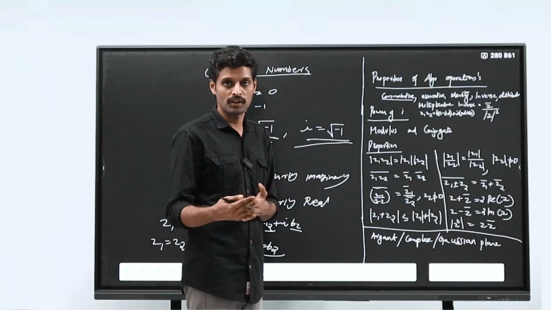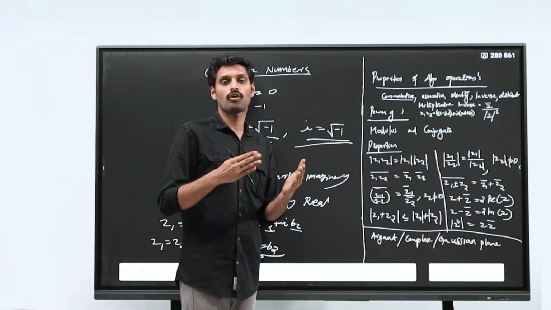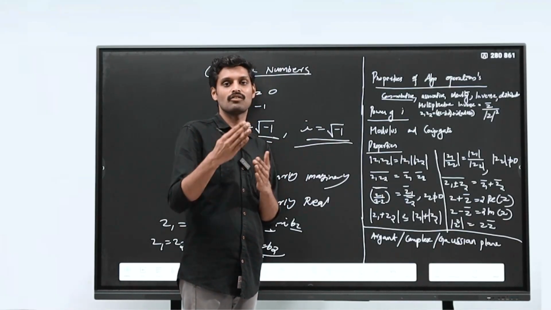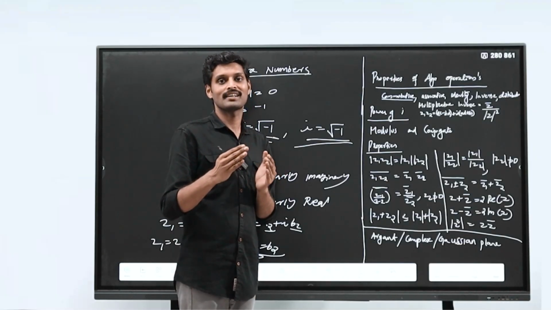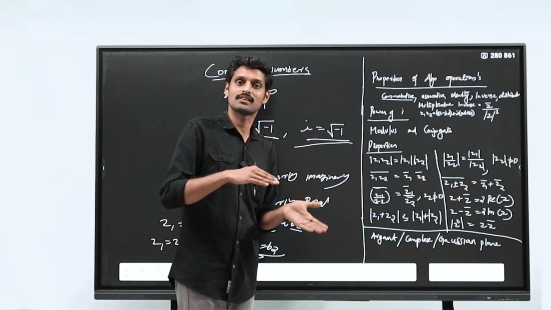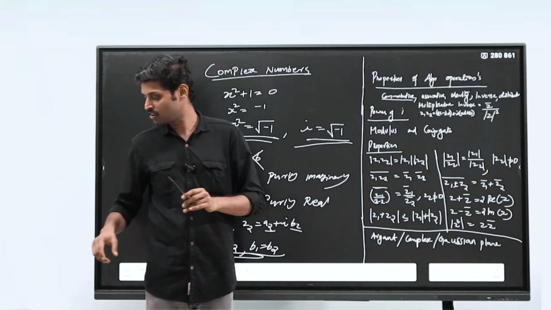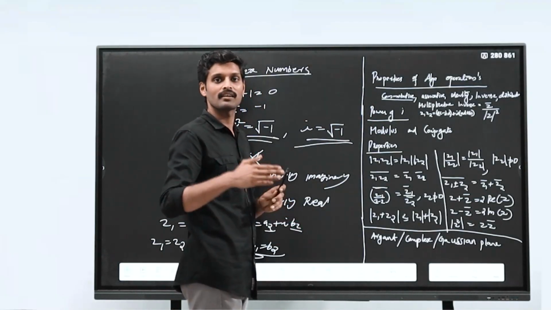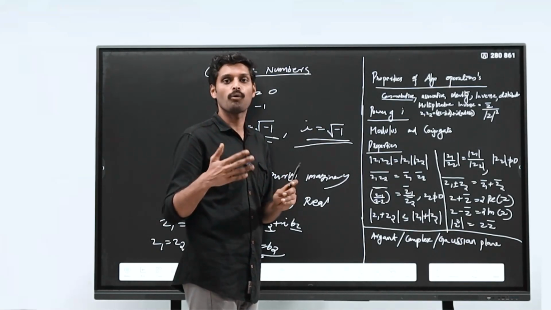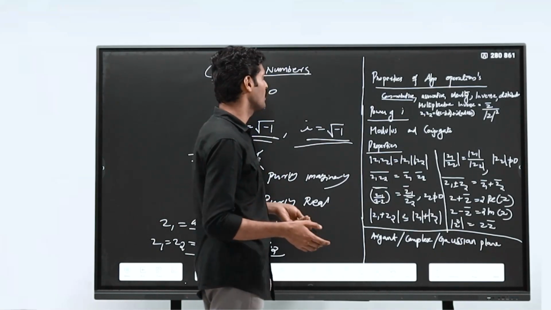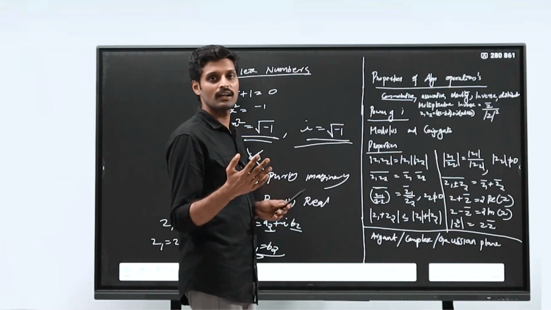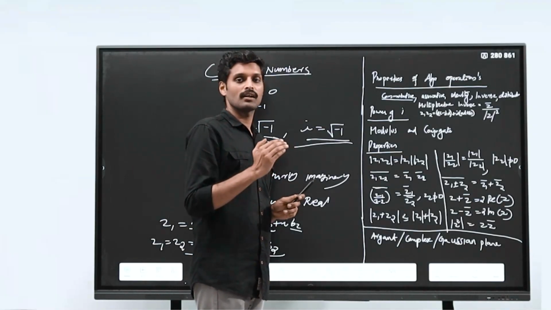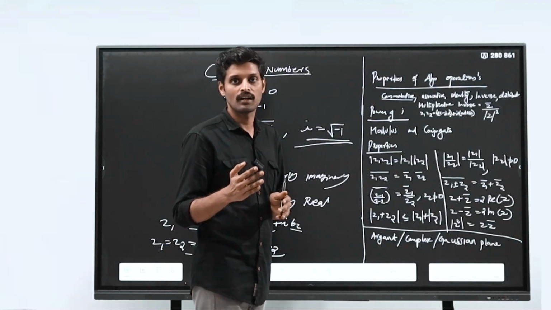it is always commutative. If two complex numbers are added, z1 plus z2 is always equal to z2 plus z1. That kind of property is known as the commutative property, and it is applicable for other operations as well. Also, complex number operations are closed.